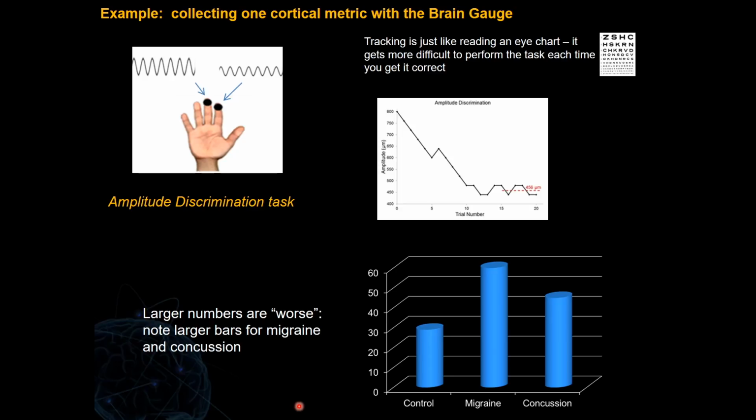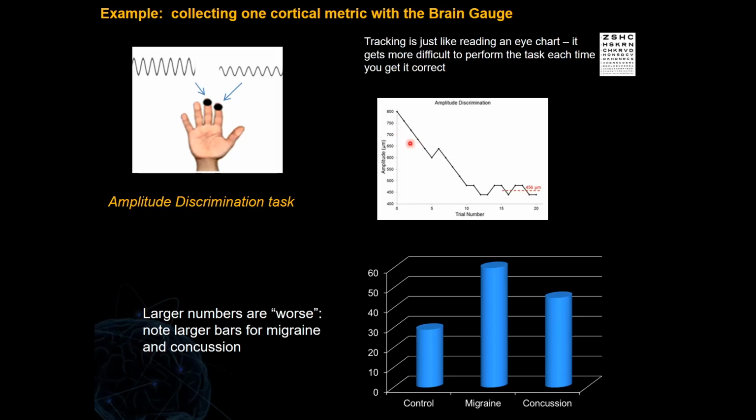Each time they get the question right, the question gets a little tougher. So it's just like reading an eye chart. Every time you get the letter correct, you move on to the next letter or the next line, and it keeps getting harder. In our case, this is tracked all the way down. The test gets harder and harder until the subject levels out and can't answer that question anymore.